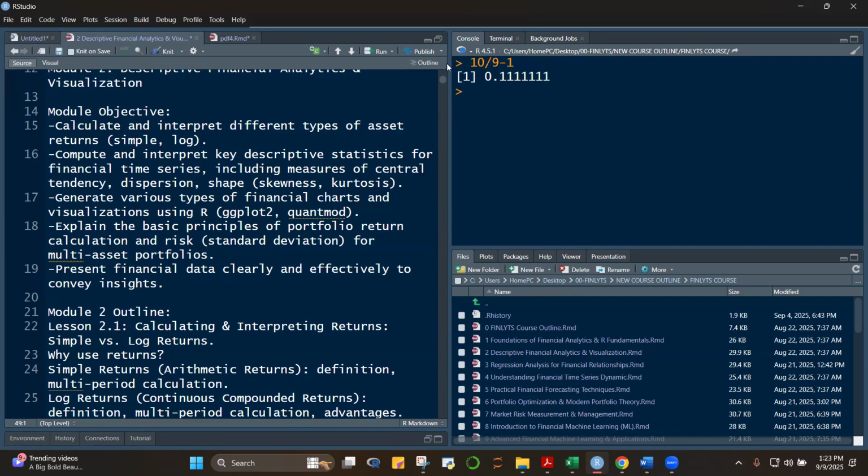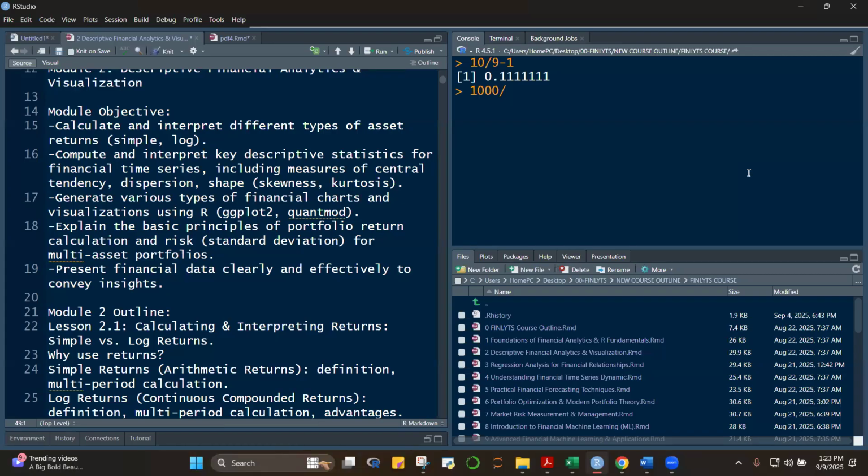Minus 1. The price today divided by the price yesterday minus 1. So we say that the price increased by 1, only 1, and it's an 11.11% return.